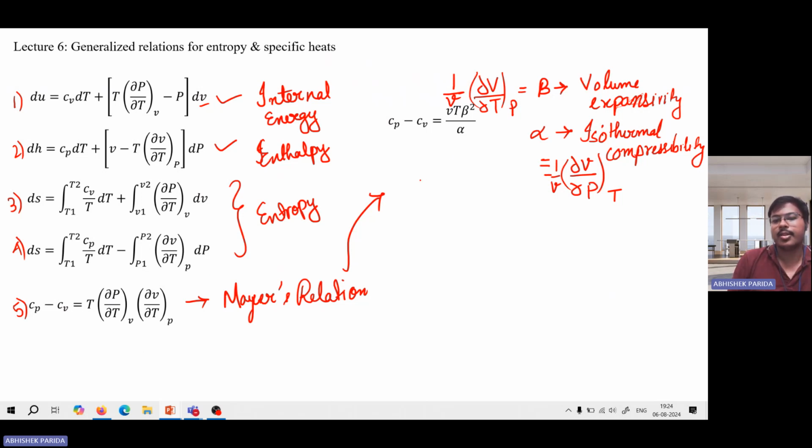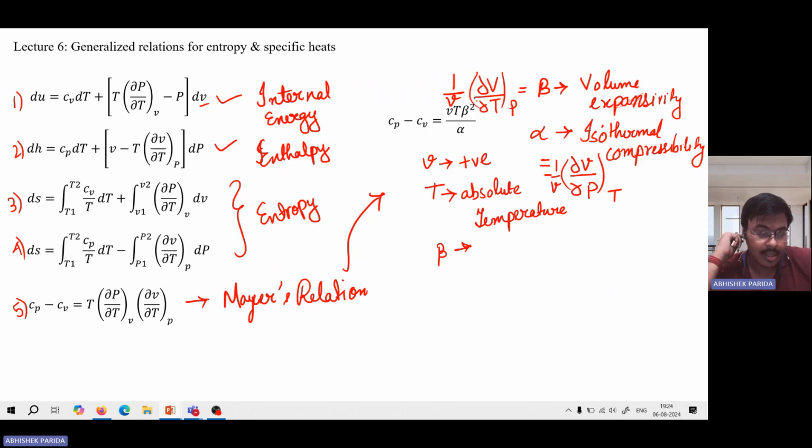Now a few things can be drawn from this. If you look closely, specific volume is always positive. Temperature is absolute temperature, so this will also be positive. Beta is the volume expansivity; in dV by dT, whenever there is an increase in temperature, there will mostly be an increase in the specific volume.